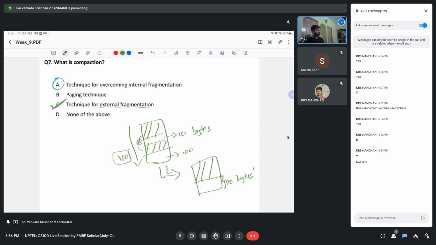If the OS cannot handle a specific memory request, say 110 bytes are not free contiguously but the total free memory is equal to 110, then it triggers the compaction logic. It reallocates and remaps all the allocated regions and keeps them together, making the total free memory contiguous, and then satisfies that specific request.